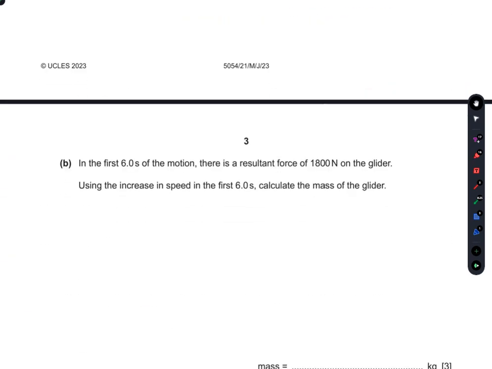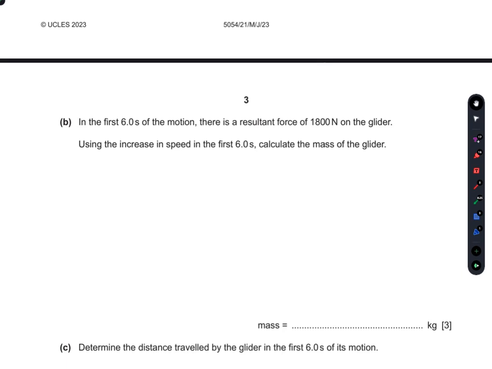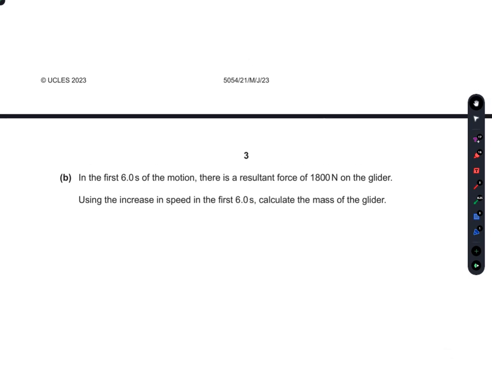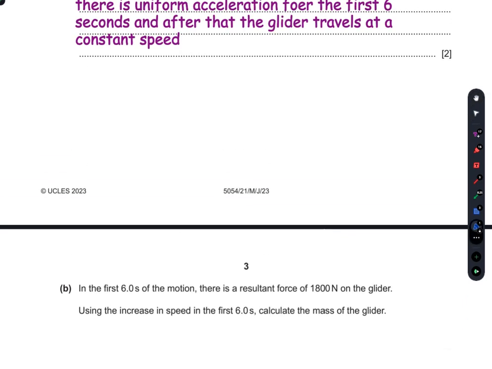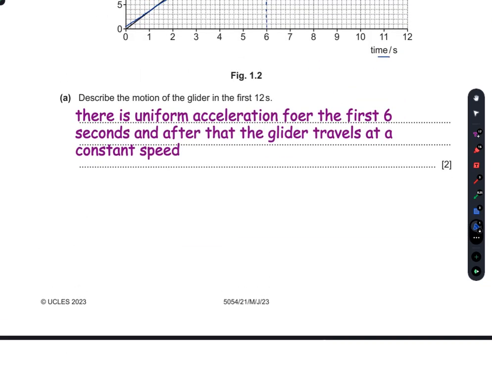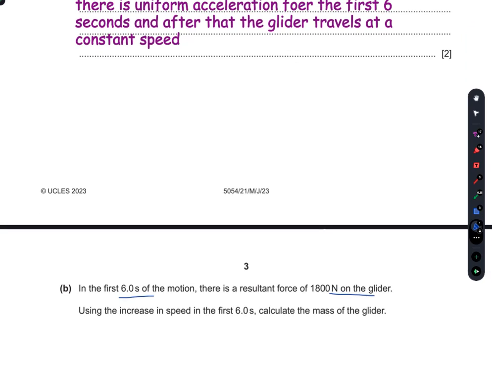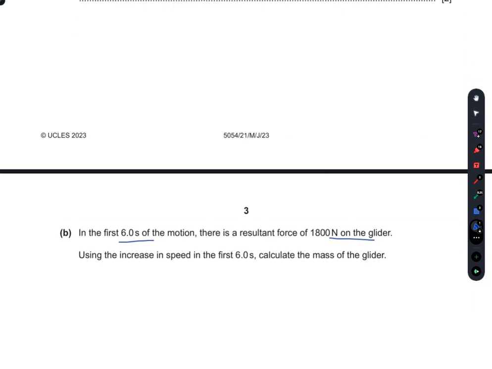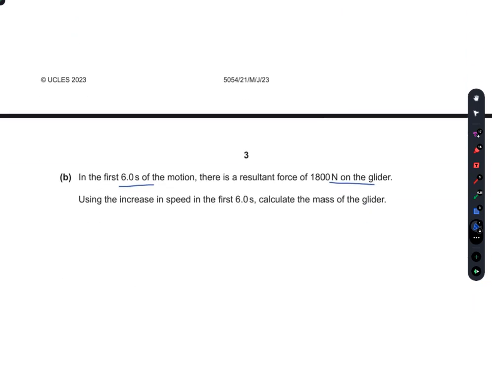Question part B: in the first 6 seconds of the motion, there is a resultant force of 1800 newtons on the glider. Using the increase in speed in the first 6 seconds, calculate the mass of the glider.